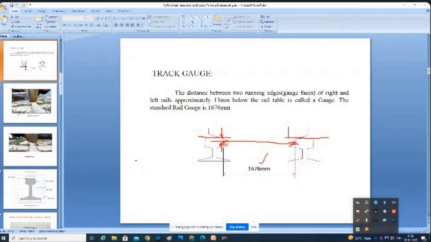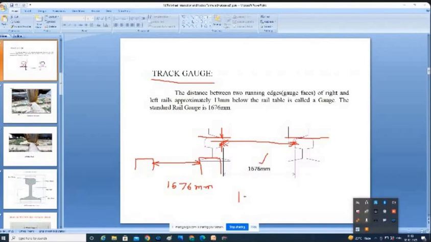So 1676 means, I will draw separately if you are not able to follow. Just see here, from here to here, this distance we'll call the track gauge. This we call the track gauge, not the wheel gauge. If the track gauge is 1676 millimeter, it is called the correct gauge.